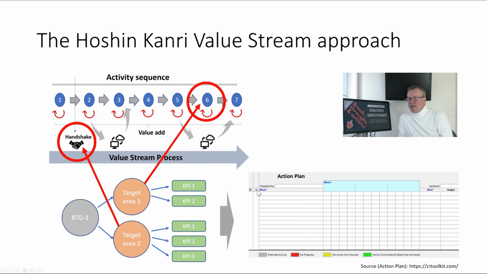And now you see that a top level manager will have no clue as to what target areas to focus on. So by using the Hoshin-Kanri method, you involve people in selecting and improving and setting the target areas right, so that your strategy is actually fulfilled.